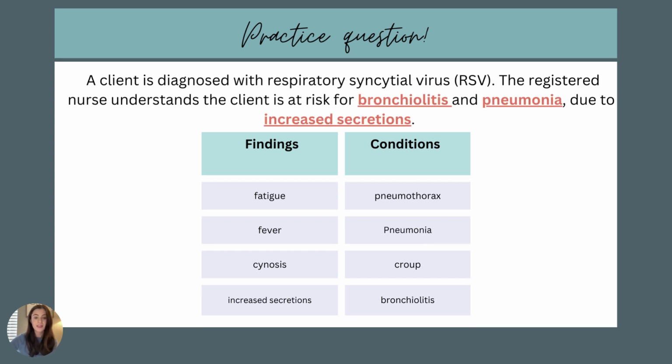So, the correct answer here is a client is diagnosed with respiratory syncytial virus. The registered nurse understands that the client is at risk for bronchiolitis and pneumonia due to increased secretions. So remember, we discussed earlier, the most common cause of bronchiolitis and pneumonia is RSV. RSV is a lower respiratory infection that may present with lots of secretions.